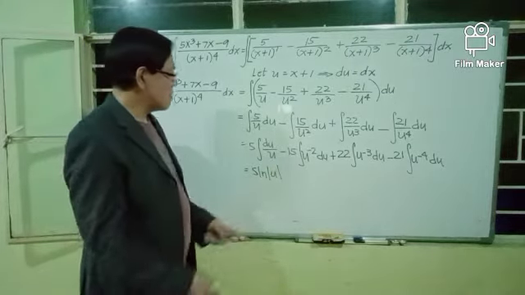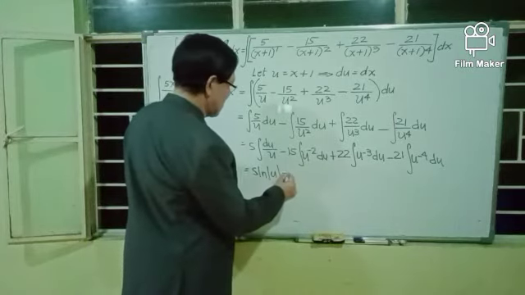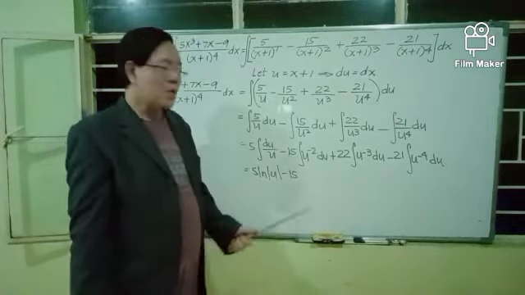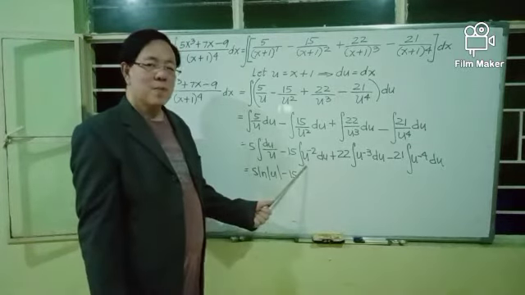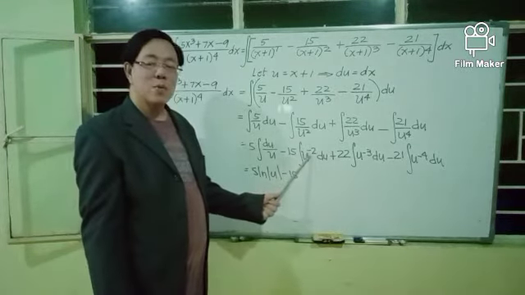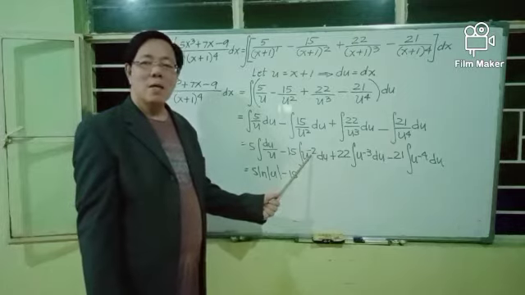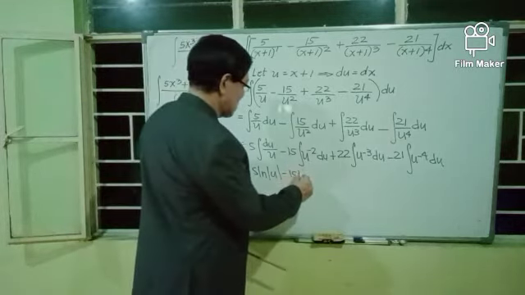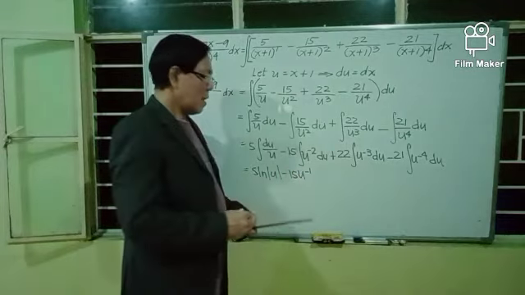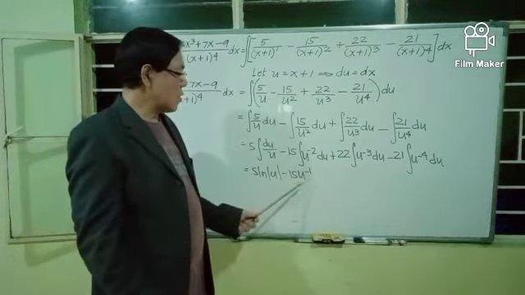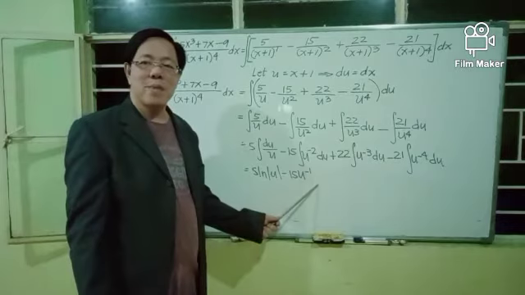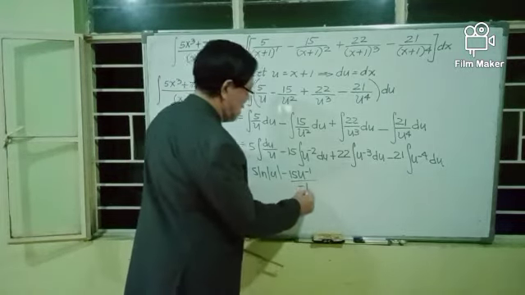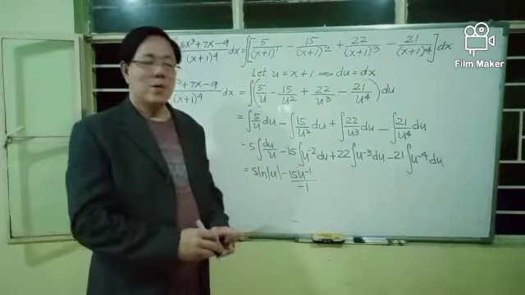Minus 15. We apply the power rule to this second term. The exponent is negative 2 plus 1, so u raised to negative 1. And the exponent negative 1 we also use as divisor, divide by negative 1. That's according to the power rule.